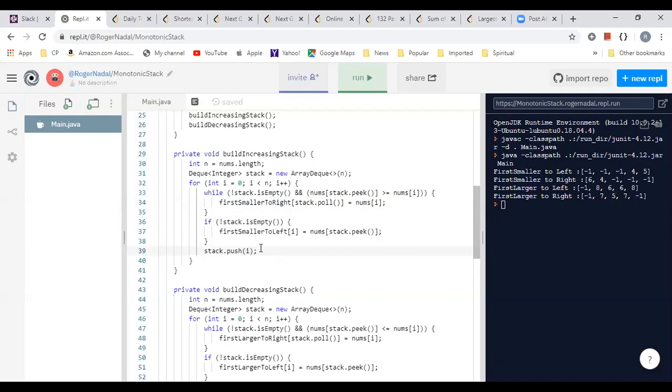I believe you are adding the indexes here or the actual numbers? So I am using index in this particular example. And by default also, if it is not very complex, try to add index, because when you have index, you can find the number, but not the other way, right?